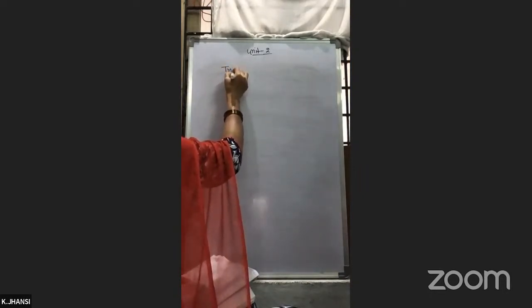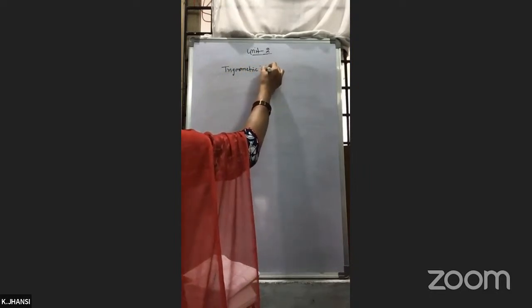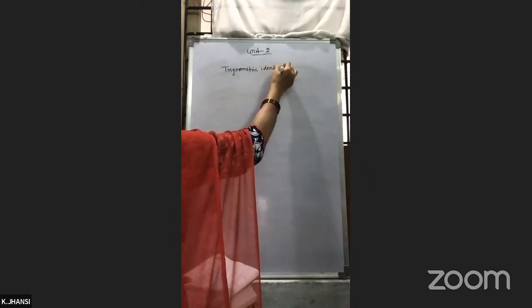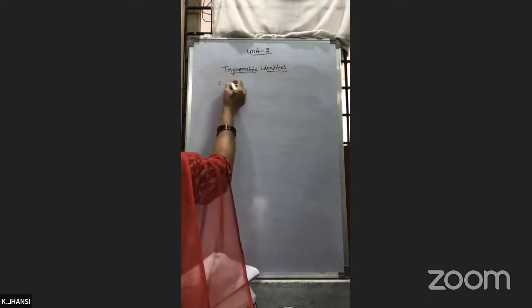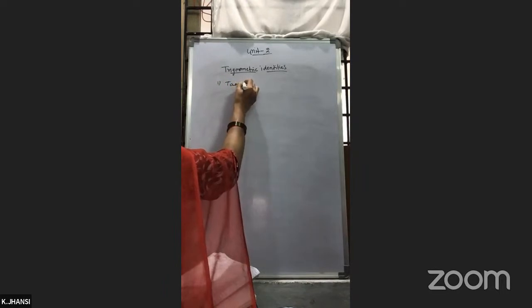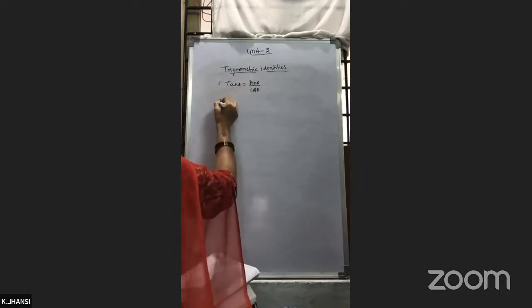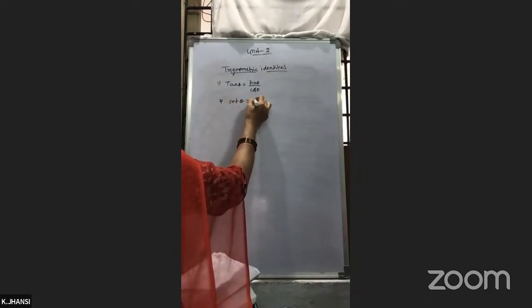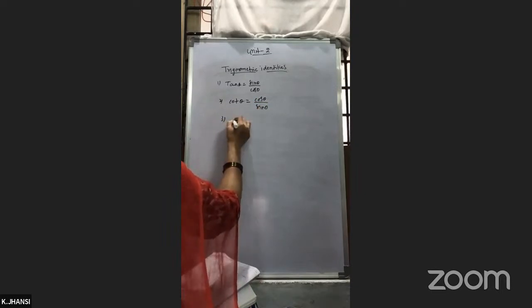So first you remember this one, trigonometric, some identities will be there, no? First you see this. Trigonometric identities. So first you remember this: tan theta equals sin theta by cos theta. Cot theta is equal to cos theta by sin theta.